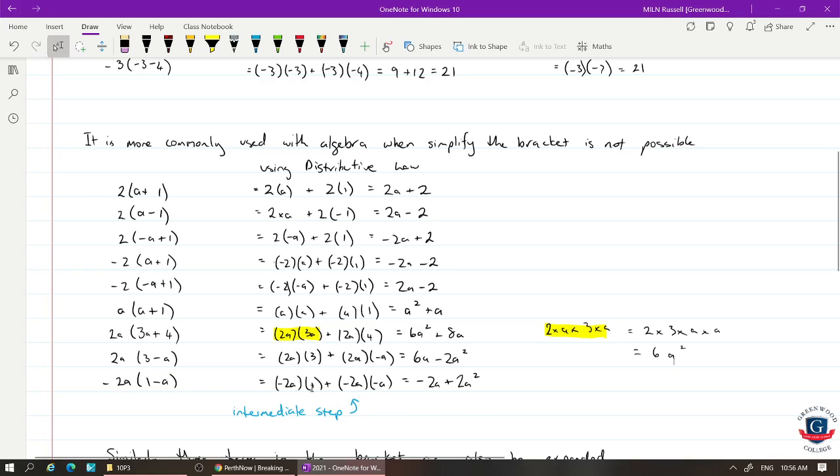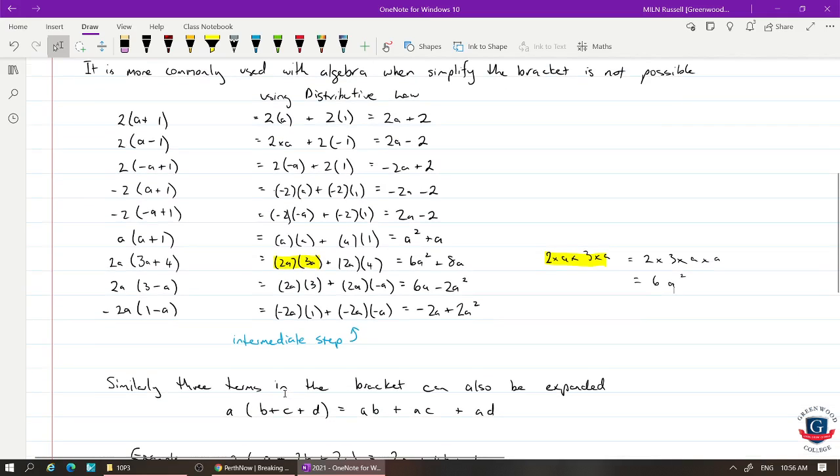Negative, negative, that'll become positive. 1 times negative 2a is just negative 2a. Now as you get better at this, you can drop this middle intermediate step and go directly from here to here. But I suggest not doing it too early, because you're prone to error until you're thinking it through correctly, and that's why I've gone through it in such detail to make sure that your thinking is correct.